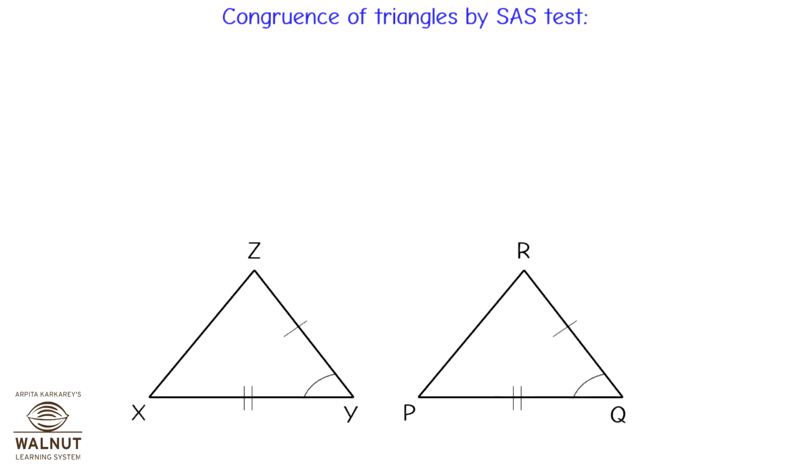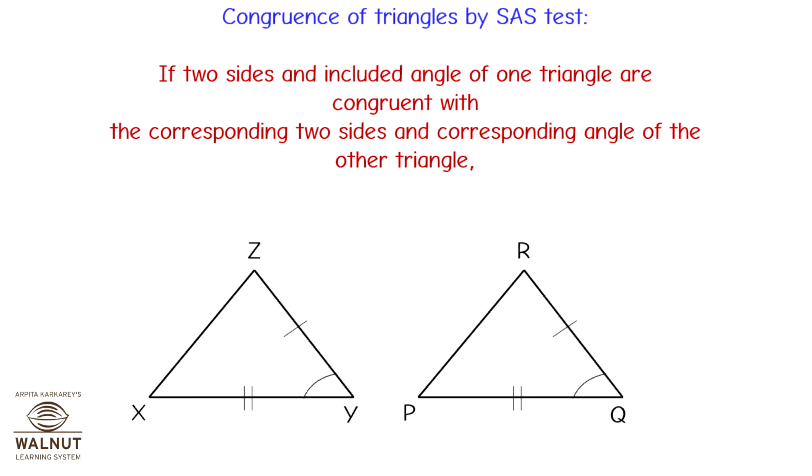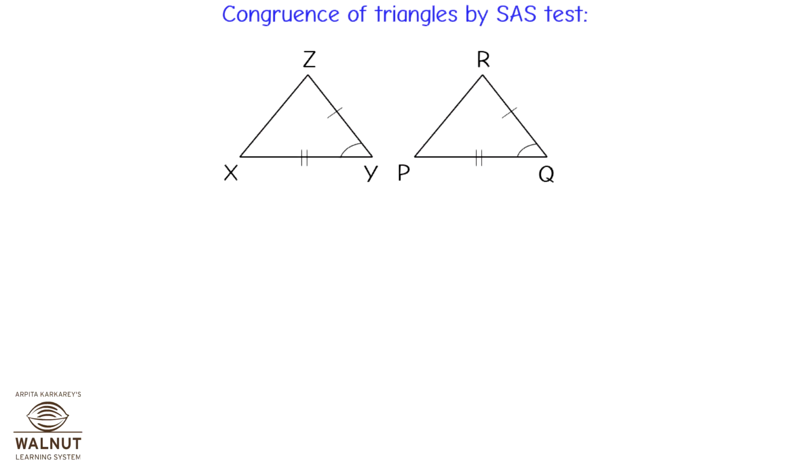Congruence of triangles by SAS test. If 2 sides and included angle of one triangle are congruent with the corresponding 2 sides and the corresponding angle of the other triangle, the 2 triangles are said to be congruent by SAS test. According to the correspondence, ZXY corresponds to RPQ.